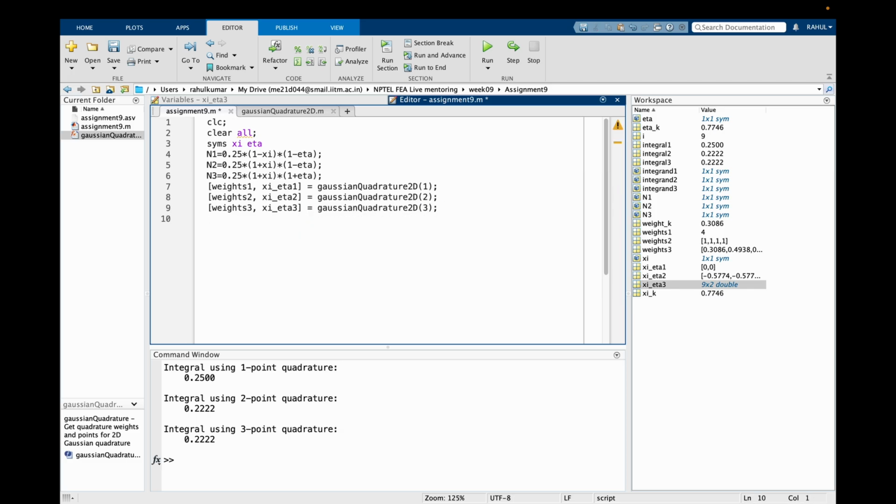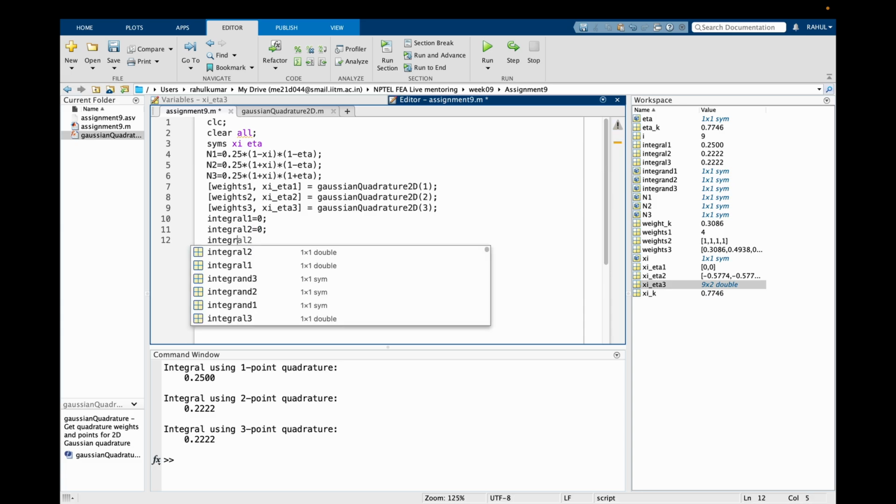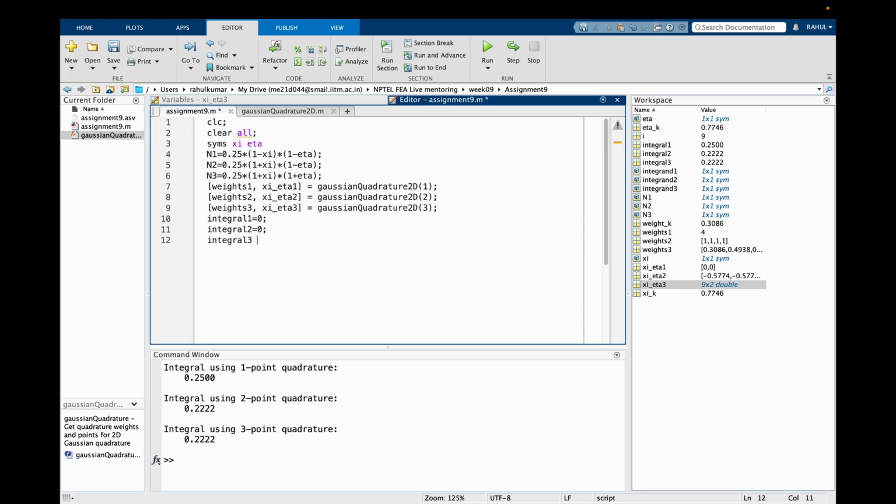Okay, so the first integral I am initializing as 0. Integral 2 is also 0, integral 3 is also 0.